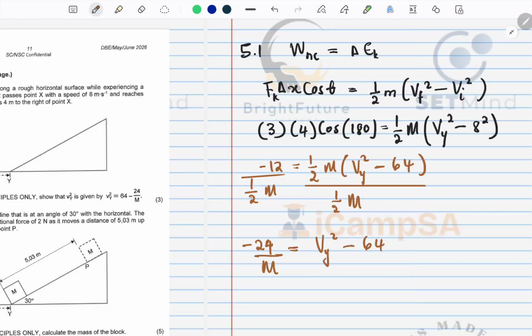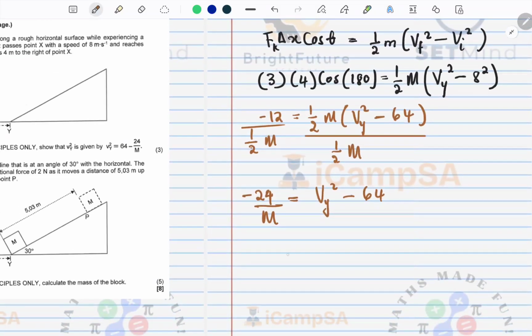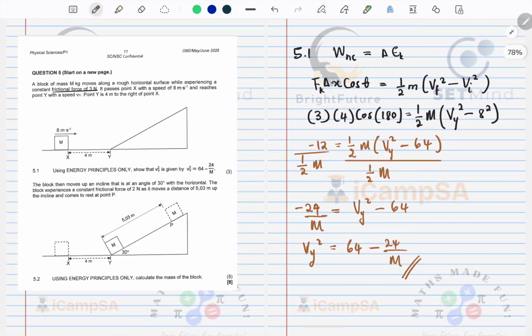This is your final answer here. So then you can say Vy squared, I'm going to take 64 to the other side so it's positive, then minus 24 over m, which is what they wanted here. Okay, so we have proven that.